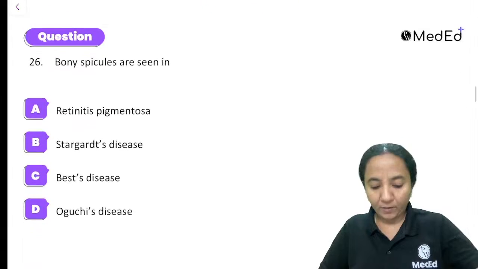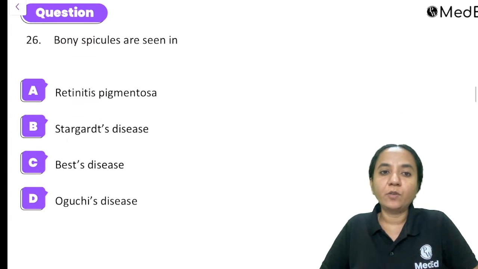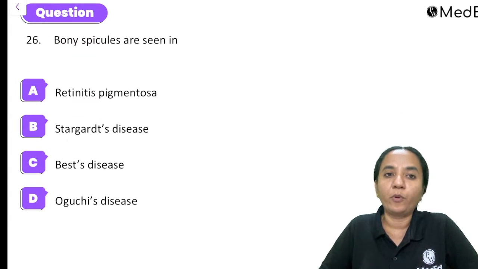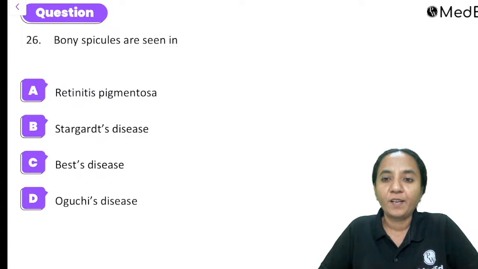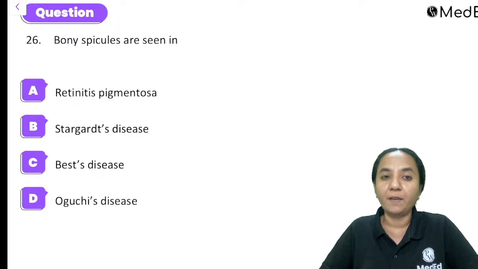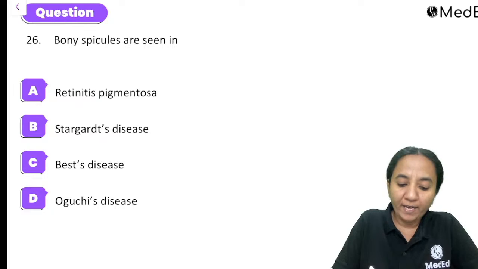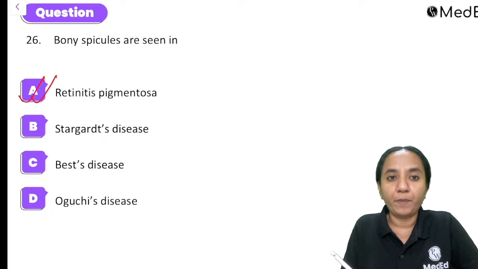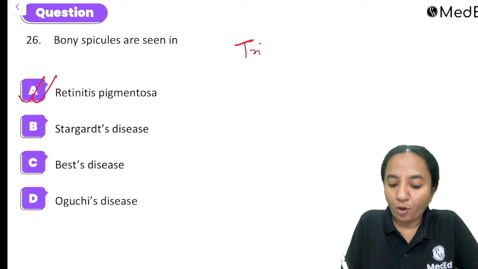Okay, chalo, next question. Where do we get to see bony spicules or bony corpuscles? Where are they seen? Correct. They are seen in retinitis pigmentosa or RP. So what is the triad of signs in retinitis pigmentosa?